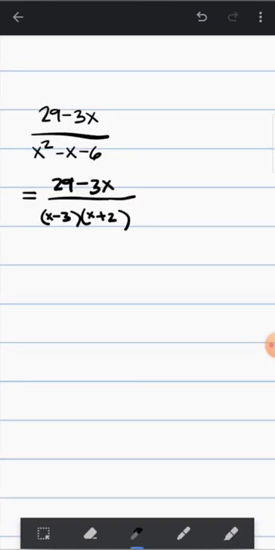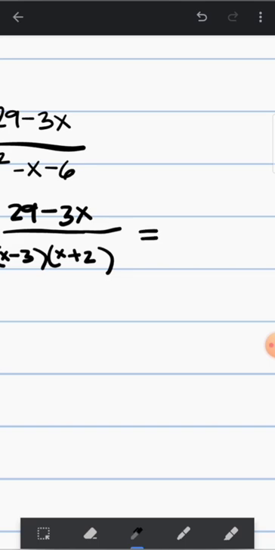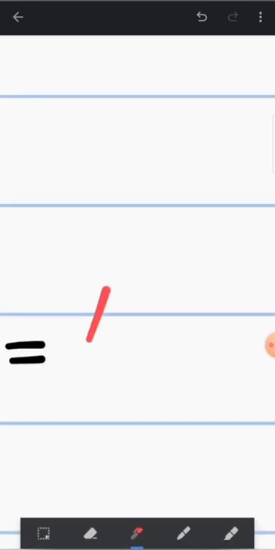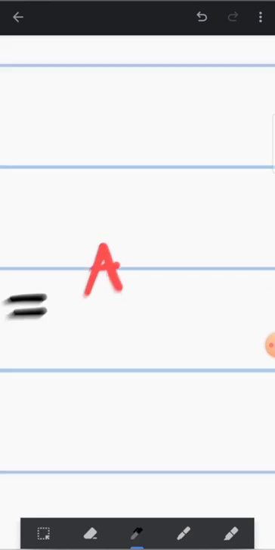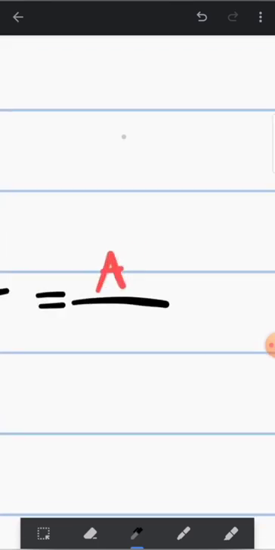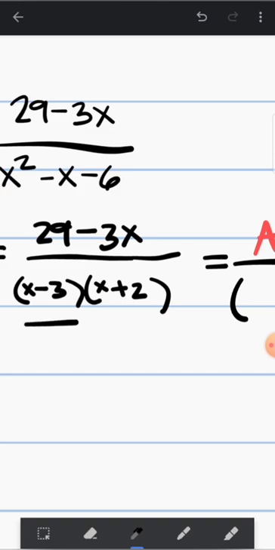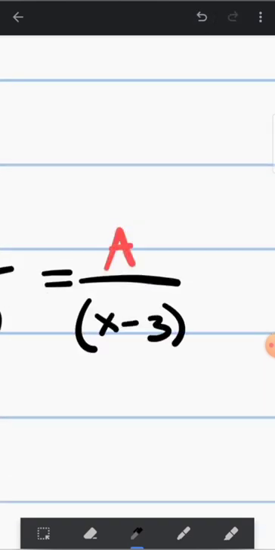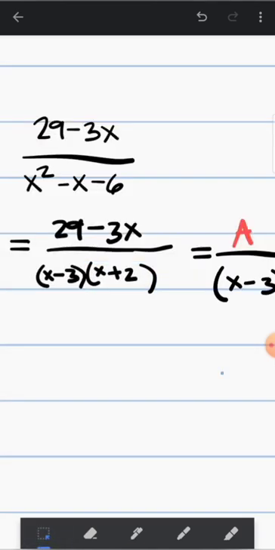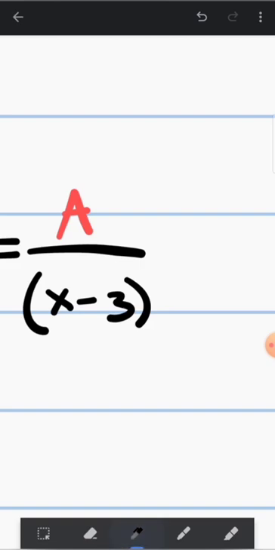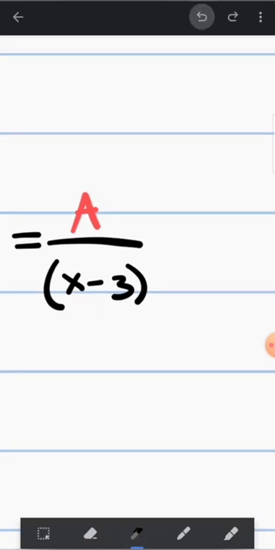After this, what we need to do is to have some random constant like a or b, or any letter you want, a over the first factor. So the first factor is x minus 3. Or if you interchange this as x plus 2 times x minus 3, you can still put x plus 2 here, it doesn't matter.